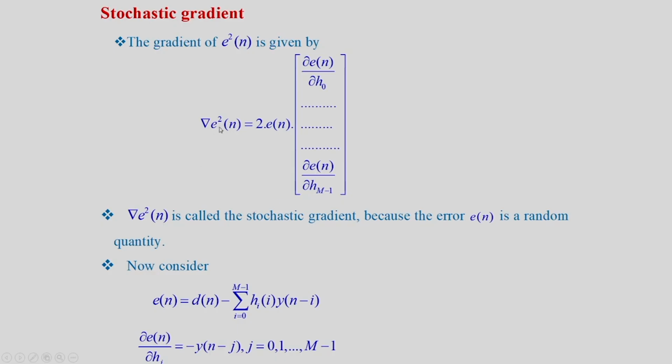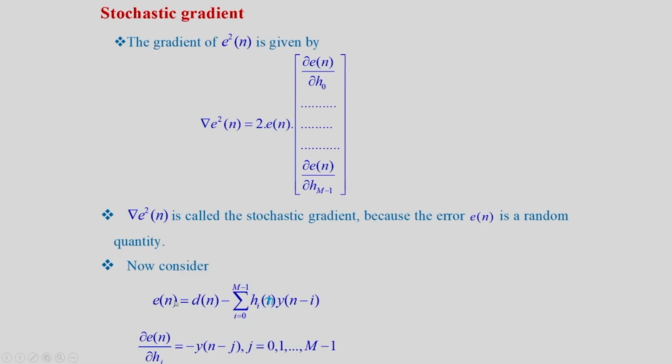Because it is a function of a function, first we have to consider the derivative of E squared n, that is twice En, then the derivative of En with respect to each of the parameters. The gradient of E squared n is called the stochastic gradient because the error is a random quantity. En is derived from the random data, therefore it is a stochastic quantity, and the corresponding gradient of E squared n is the stochastic gradient.